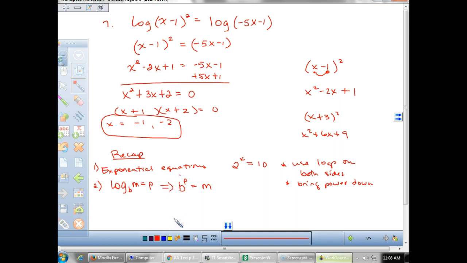Is everybody clear with that? Okay, and then the third thing is you want to be able to condense down to get log of m equal log of n. And as long as the bases are the same, then you know that m equals n, and you solve from there. Okay? So that's really the three things we did today.